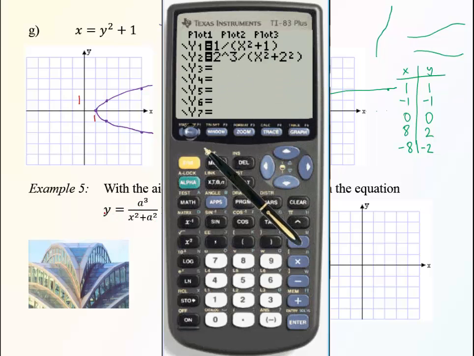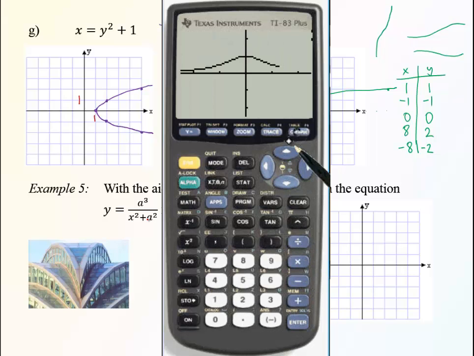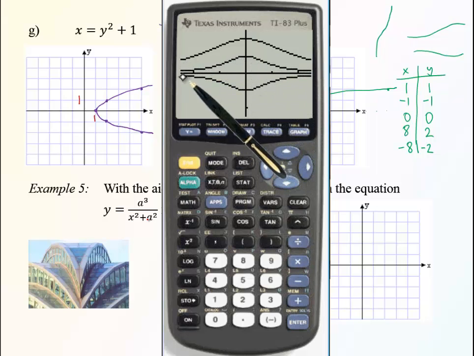Well, let's see what will happen if a would be negative 1. So for example, negative 1 cubed divided by bracket x squared plus negative 1 squared, which is still 1, and graph it. Well, so the shape is upside down, but it looks like a similar curvature as the one for a equals 1. We may expect that a equals negative 2 will give this kind of shape.